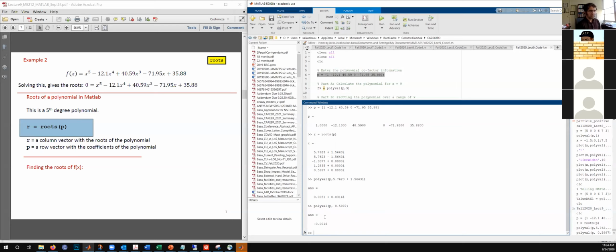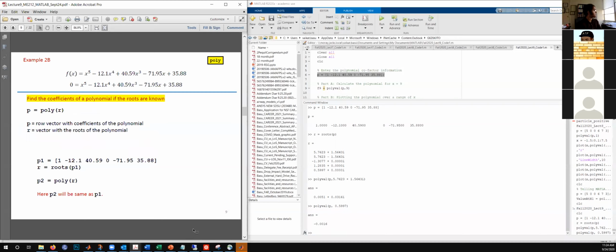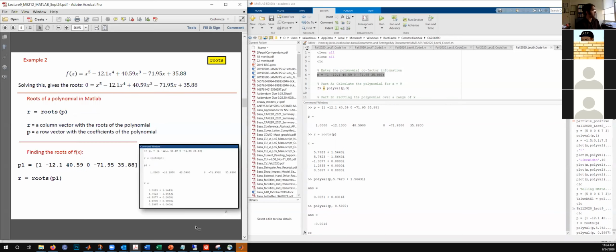The reason for this is that it's a numerical scheme, so it always is going to give you approximate numbers. I have this example here, and the screenshot shows you this work, how to get the roots. Okay, so this is pretty simple. You just type in the polynomial and use roots(p) and you get the roots.